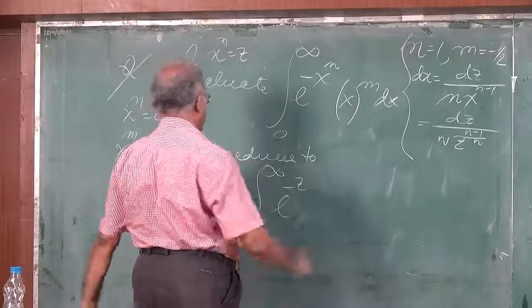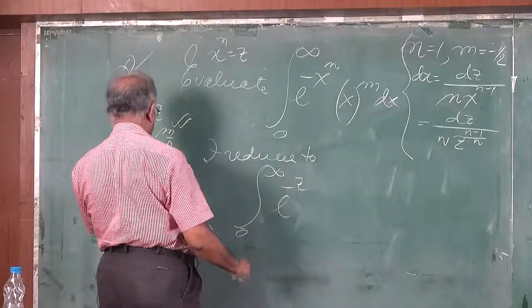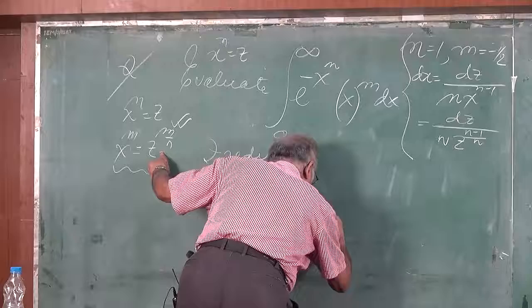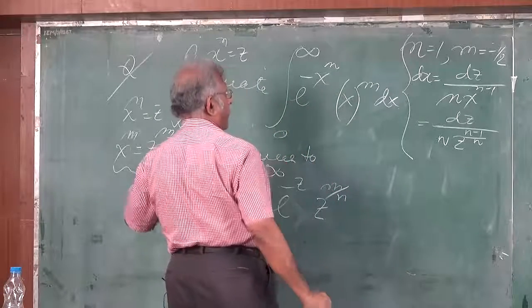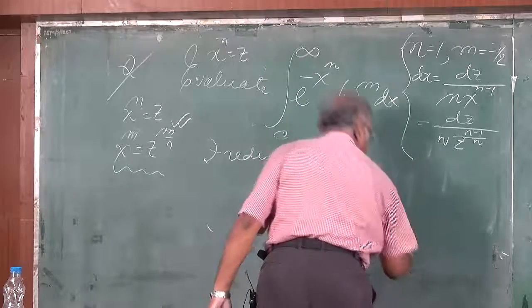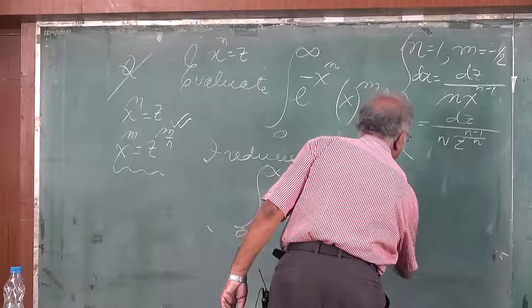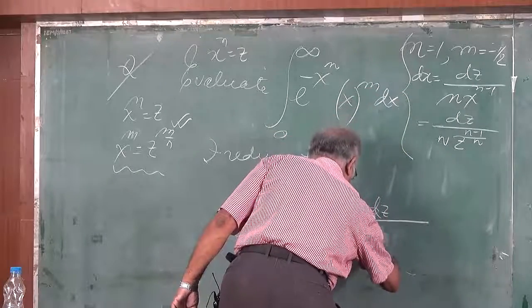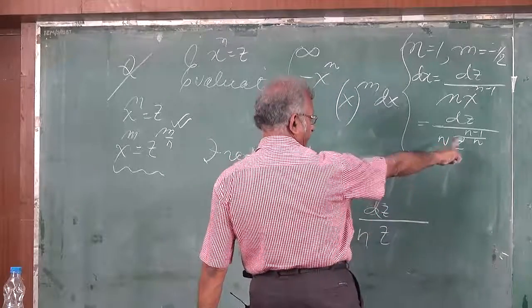That's fine. X to the power of m is z to the power of m by n. Dx is dz to the power of, dz n and z n minus 1 over n.